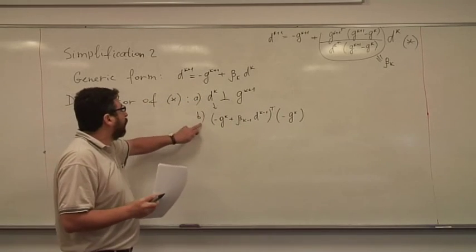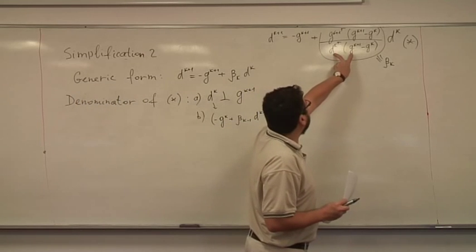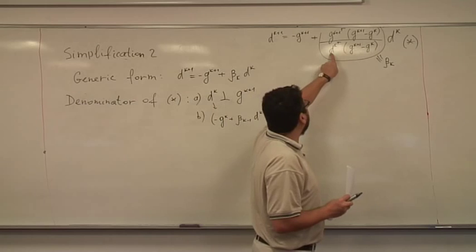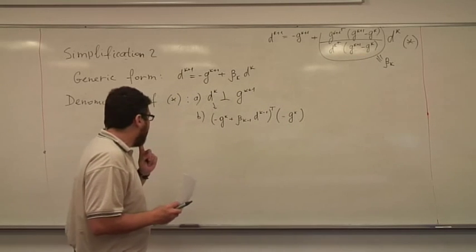So what about b? We said that this vanished because of orthogonality, and now we consider this product.